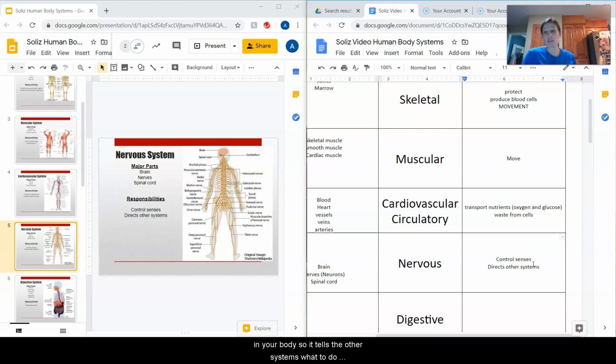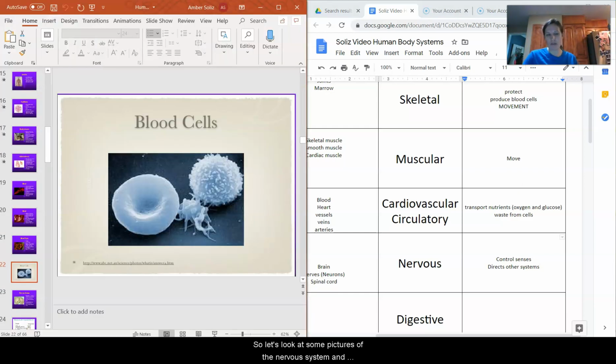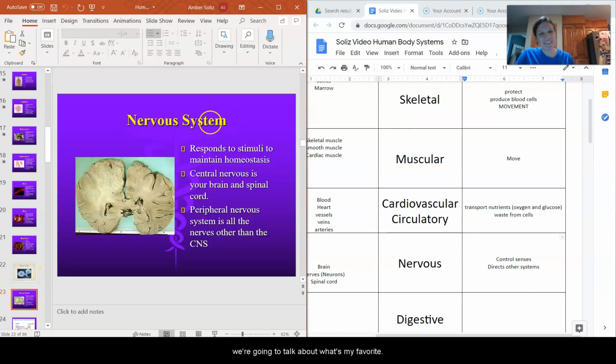It tells the other systems what to do. We're going to talk about that when we get to the endocrine system. Endocrine probably is the hardest and most complex, but it is controlled by the nervous system. Okay, so let's look at some pictures of the nervous system. The nervous system's main job is to help you maintain homeostasis.